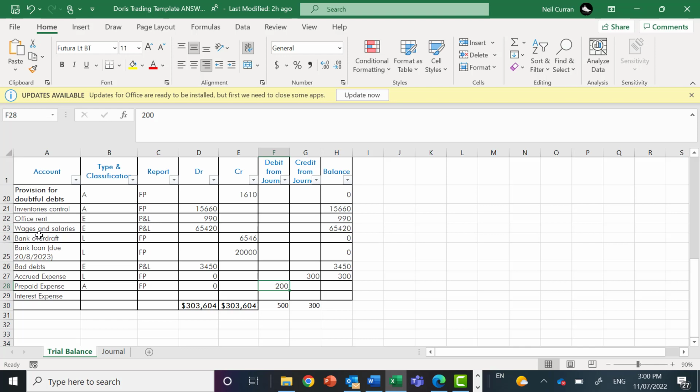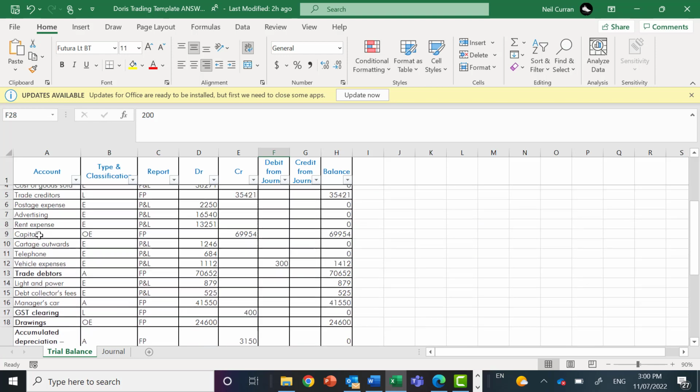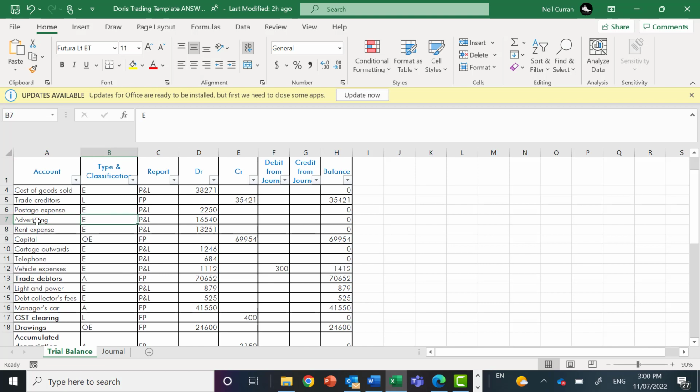And then we need to find our advertising, and it is up here. And over here we are going to put $200 as a credit. Now with advertising being an expense with a debit nature, this $200 is going to be subtracted from whatever we paid for the year. So we go equals 16,540 minus this cell, which is G7.